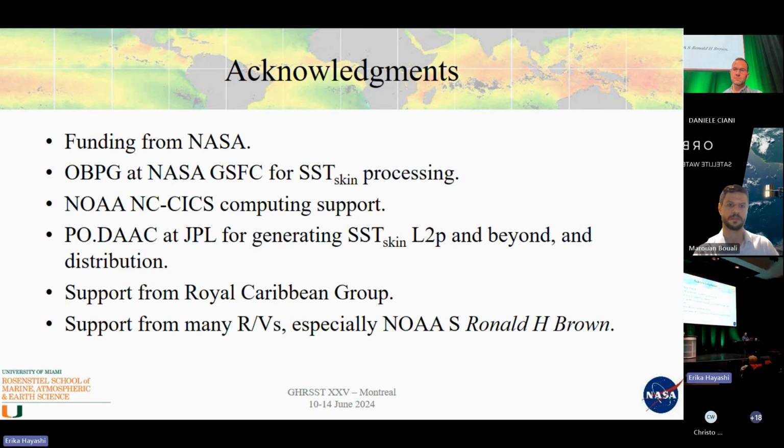We were lucky to get access to the supercomputers at NOAA's North Carolina Cooperative Institute for Climate and Satellites, which is where we do a lot of the algorithm development. And the PODAAC does the distribution, as well as generating L2P. We couldn't have done this without Royal Caribbean or support from many research vessels, especially the Ron Brown.